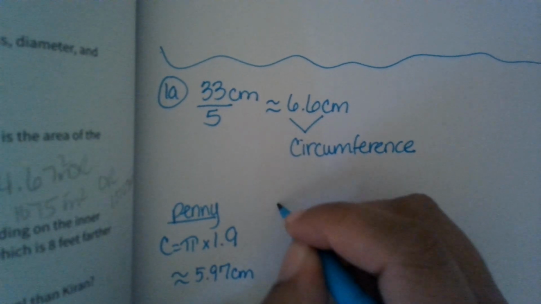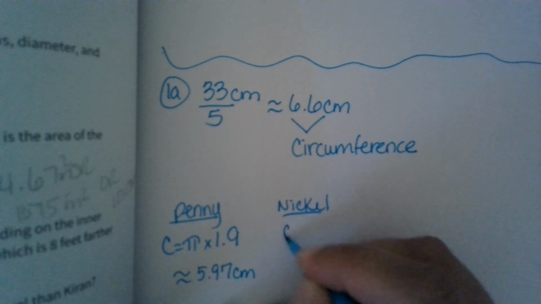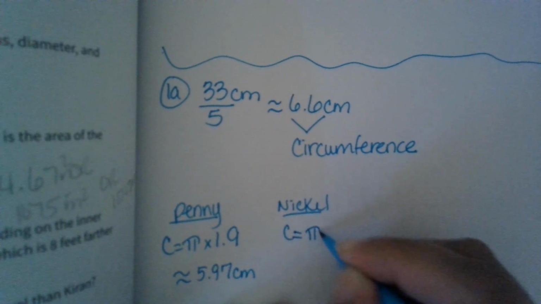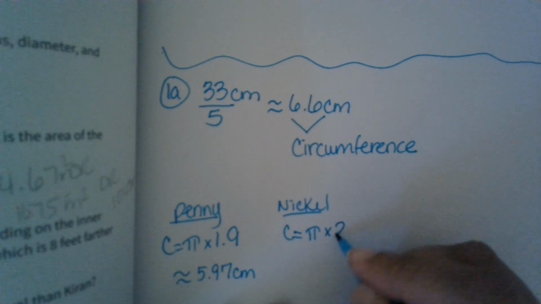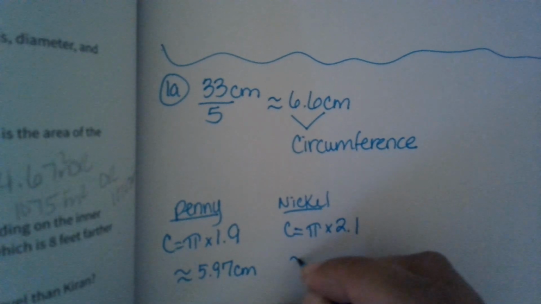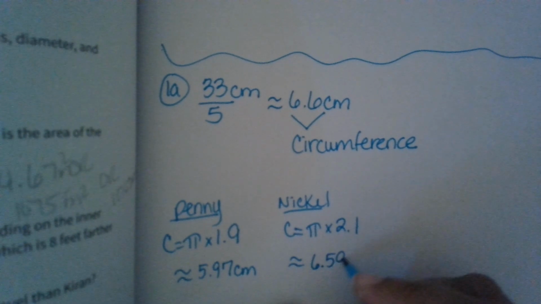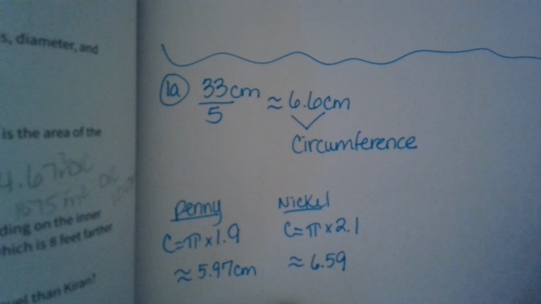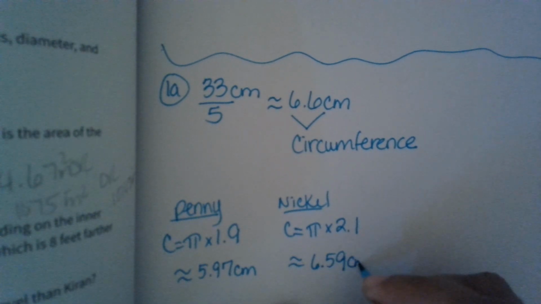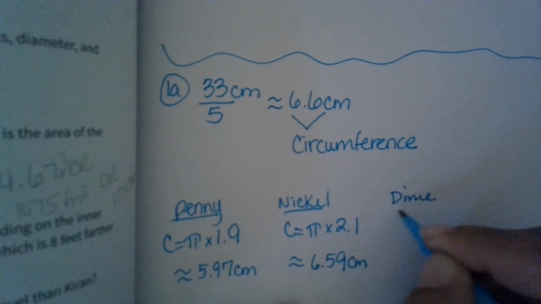Let's do the nickel. Well, the nickel is diameter of 2.1. So I'm going to do 2.1 times pi and get the circumference. I get about 6.594. So let's do 6.59 centimeters.